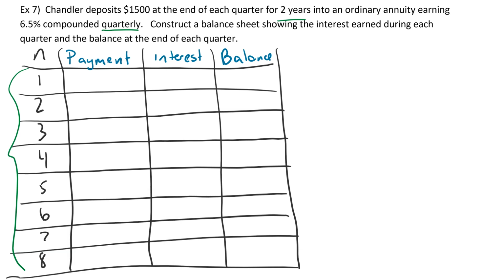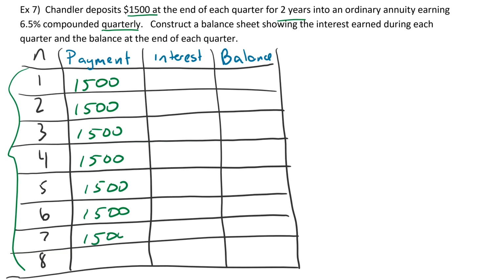Okay, so first off, let's go ahead and talk about the payment column. For the payment column, we know that $1,500 is being deposited at the end of each quarter. So that means each quarter, $1,500 is being paid in. It doesn't change the entire time, so we can just go ahead and fill in the 1,500 for all 8 periods.